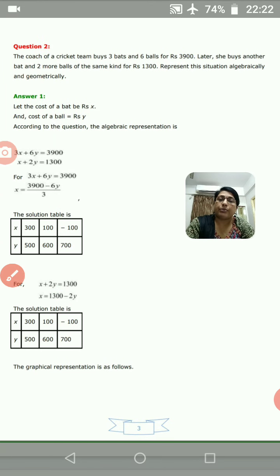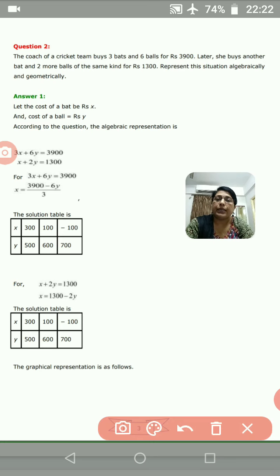In question number 2, again we have some conditions. From those conditions, we will form two linear equations in two variables. The pair of linear equations is 3x plus 6y is equal to 3900 and x plus 2y is equal to 1300.